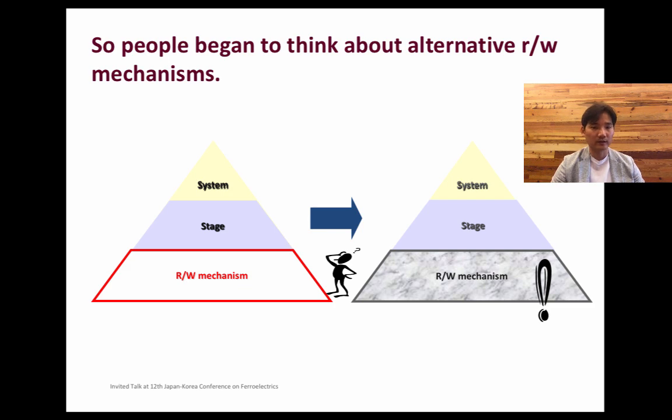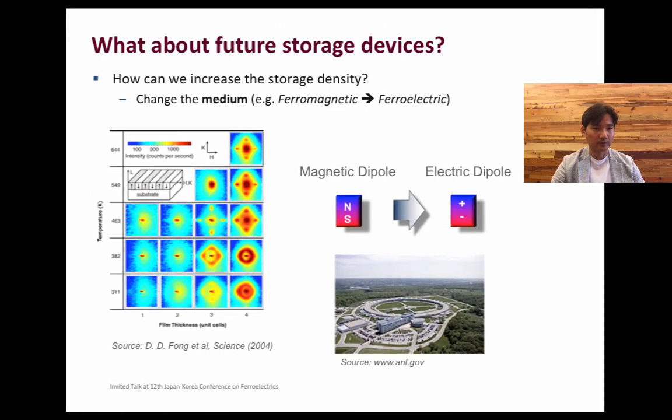And we were thinking, what about ferroelectric? Because if you look at the paper presented by Dillon Fong at Argonne National Lab, we were able to see the physical limit of ferroelectric storage if we can make up and down ferroelectric domains as 0 and 1.